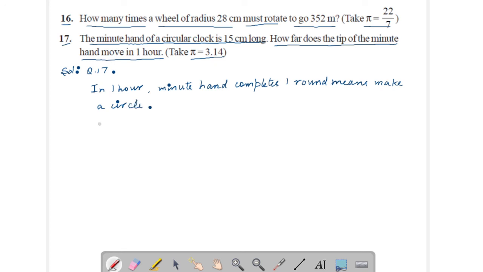Now radius of circle equal to 15 centimeter.